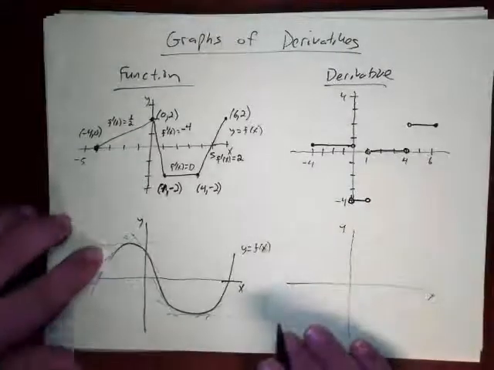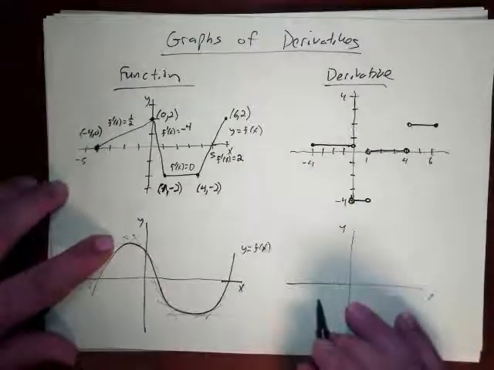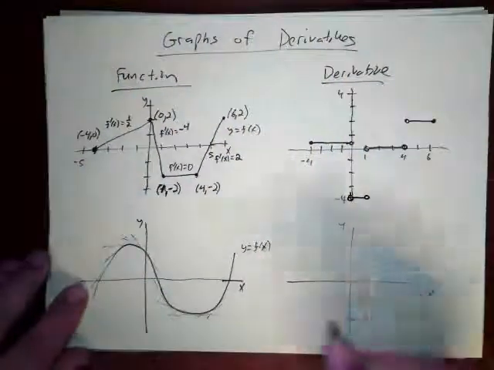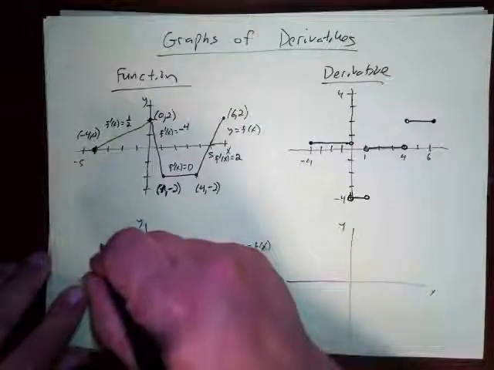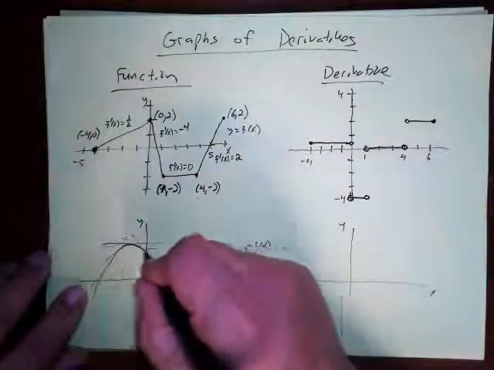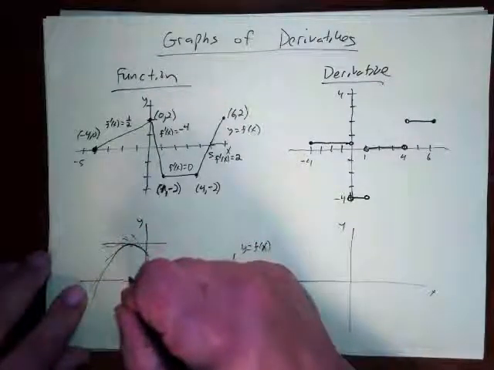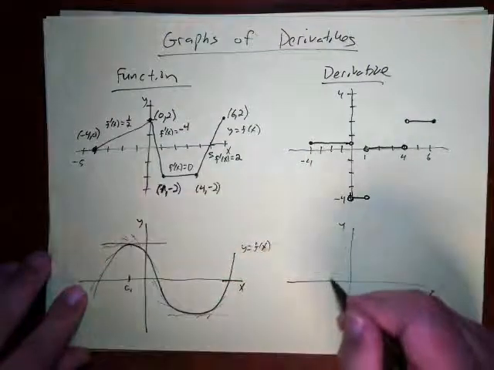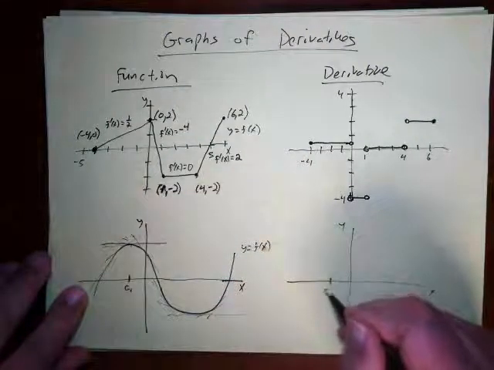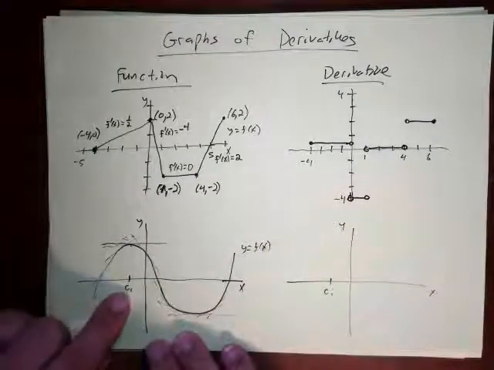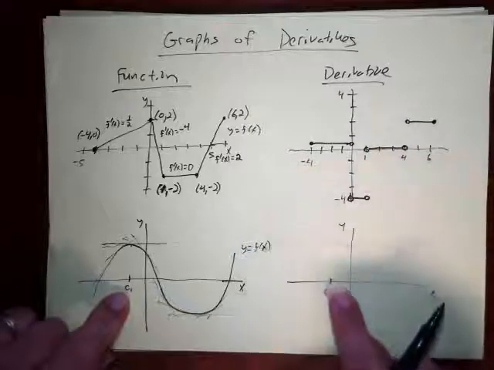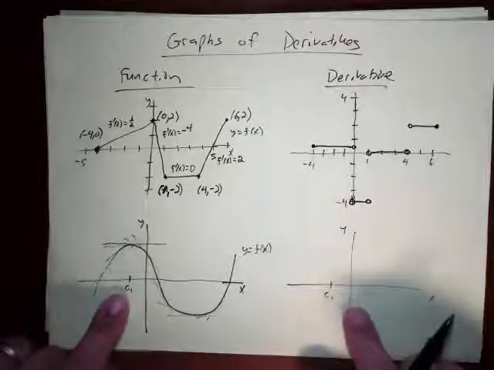So some important places to make sure we identify on our graph of the derivative is right here where the derivative is equal to 0, and I'm going to come down and call this point C1. Okay, so there's a C1 here, and at that point the derivative is 0. So whatever this derivative is doing, it's going to have to go through this axis.